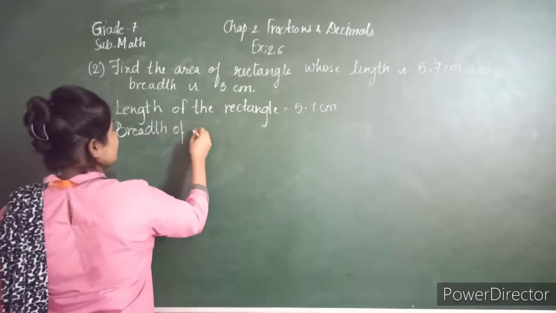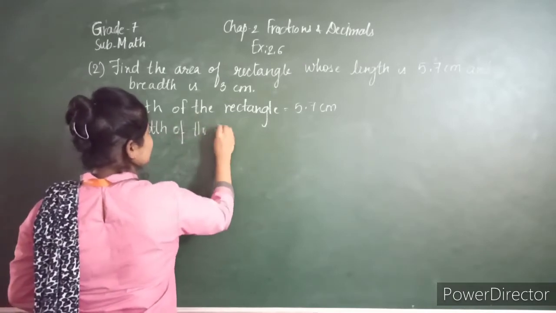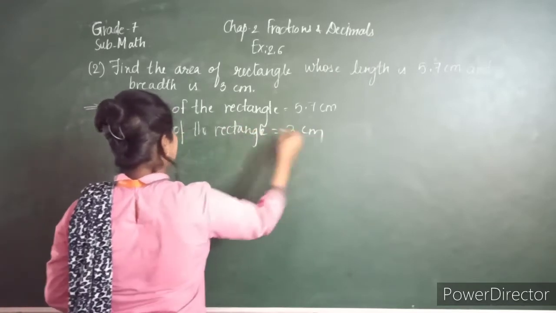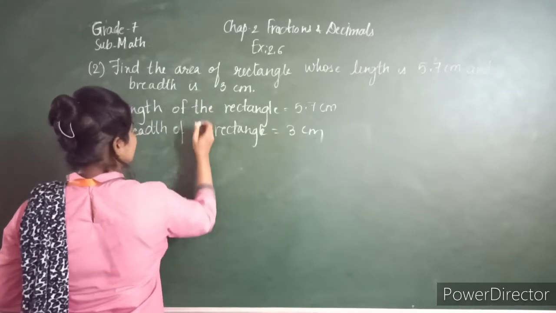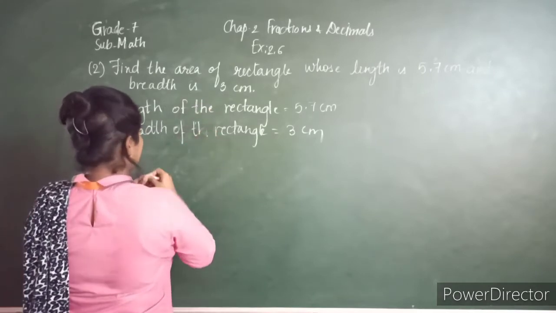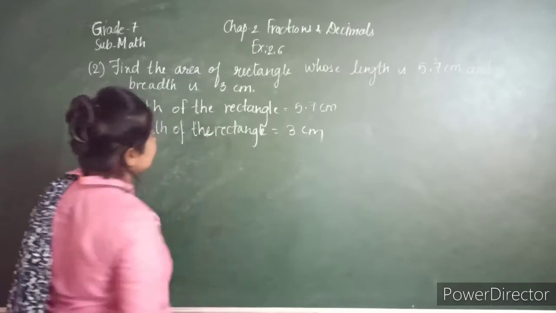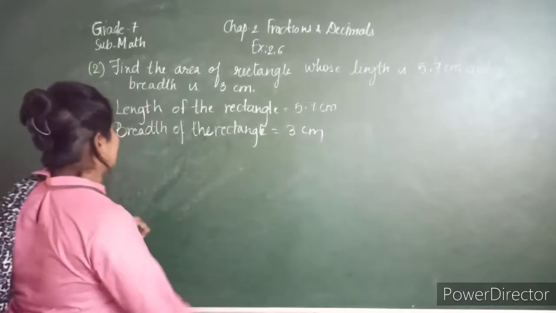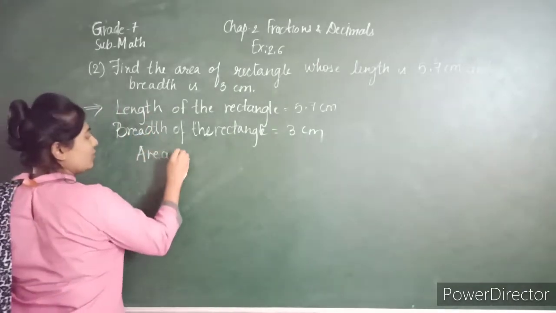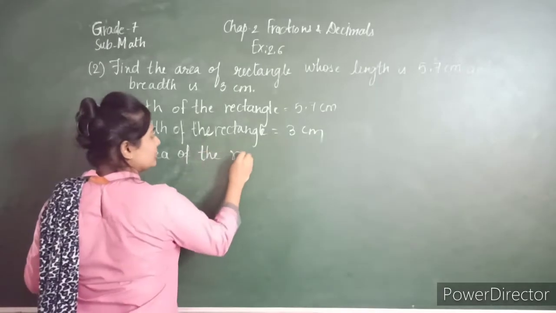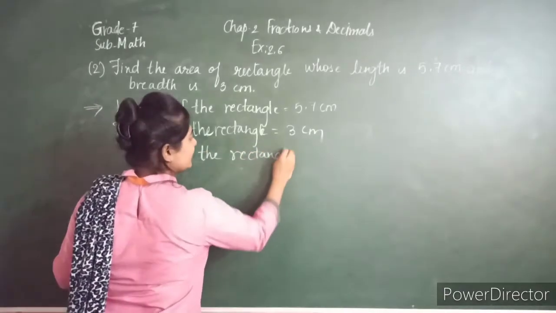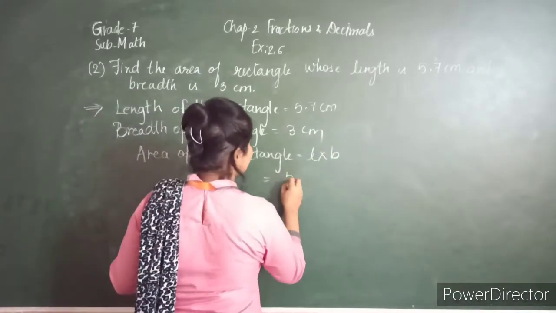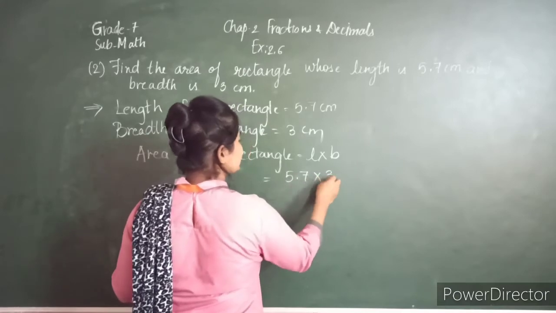Breadth of the rectangle is 3 cm. Now we have to find the area. The formula: area of the rectangle is equal to length into breadth. So length is 5.7 cm into breadth 3 cm.